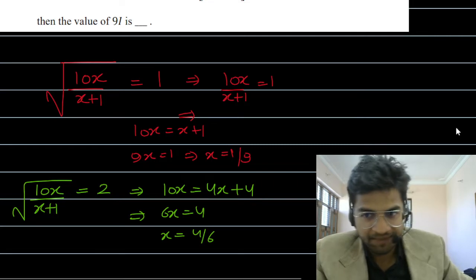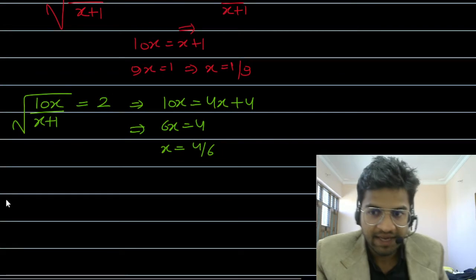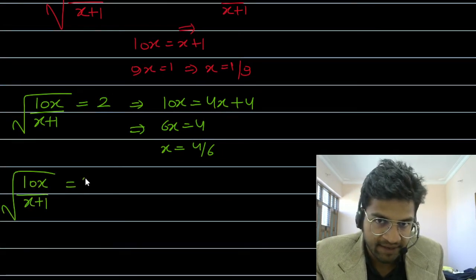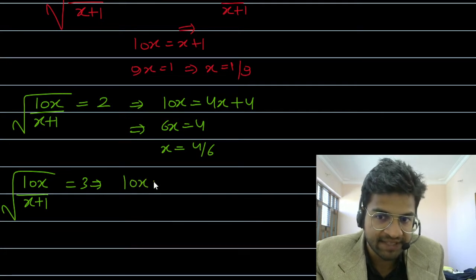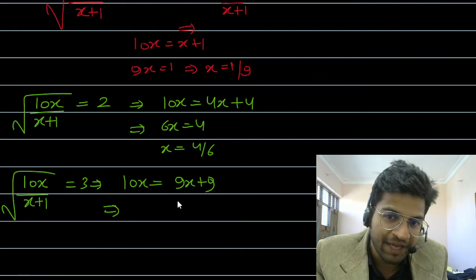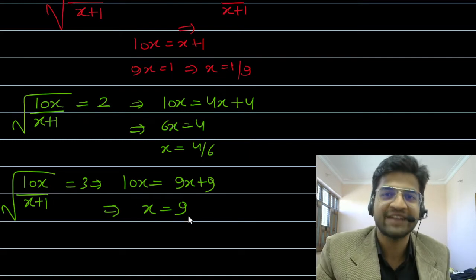I will explain this. Let us say if I equate root of 10x by x plus 1 with 3, we will have 10x equal to 9x plus 9, and now we have x equal to 9. Such a big jump.